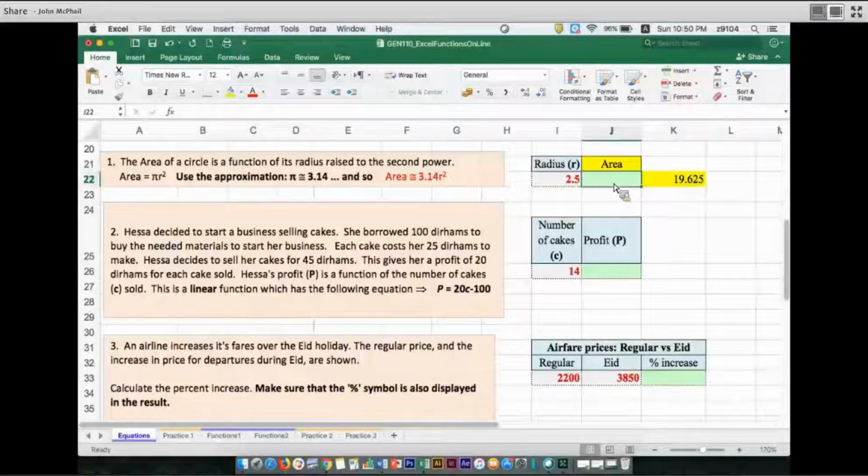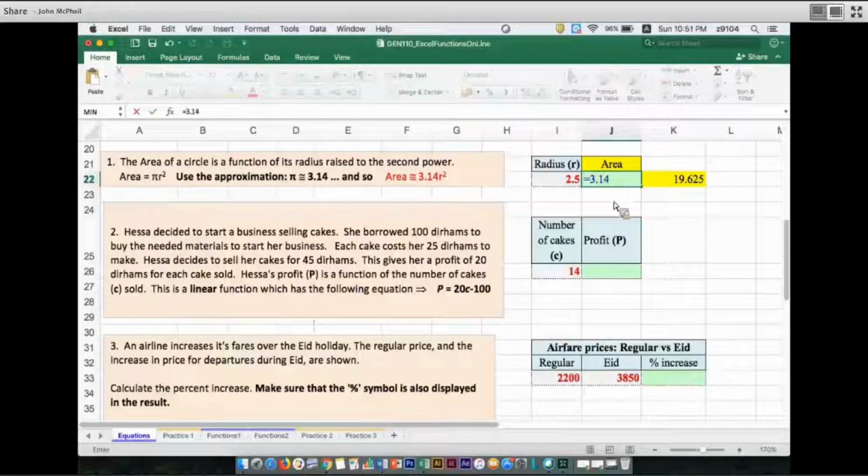Let's do it again. The area equals 3.14 times, and this time, instead of putting 2.5 there, I'm going to click on the 2.5. Excel puts I22 there. Column I, row 22 is where the data is, and then I can raise that to the power 2. I still have pi times the radius squared.